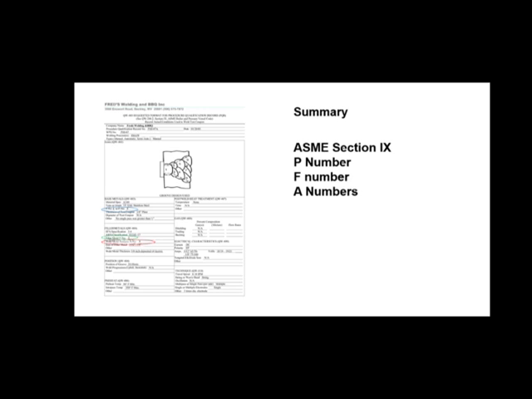If I qualify a weld procedure with a P number 1 material to another material that's a P number 8, I get everything in P1 to everything in P8. ASME did this to keep the number of weld procedure qualifications to a level of sanity so that you didn't have just a huge number of them.